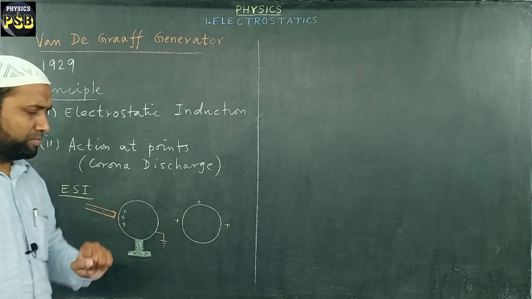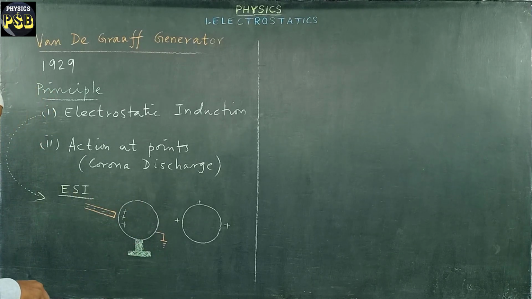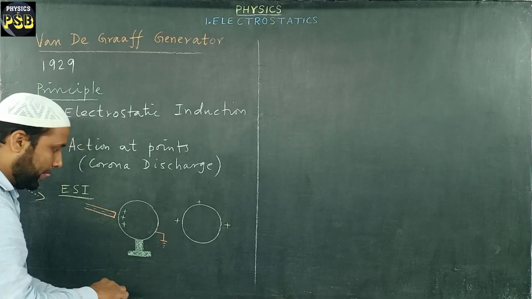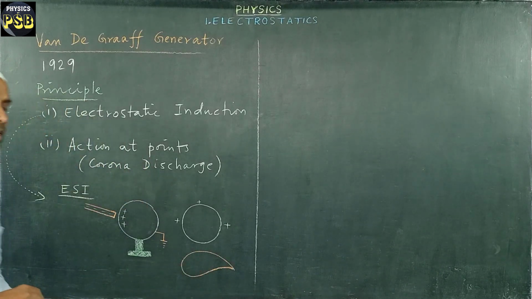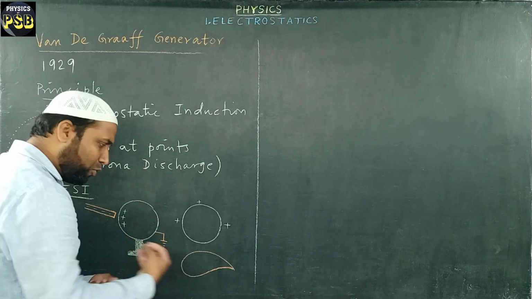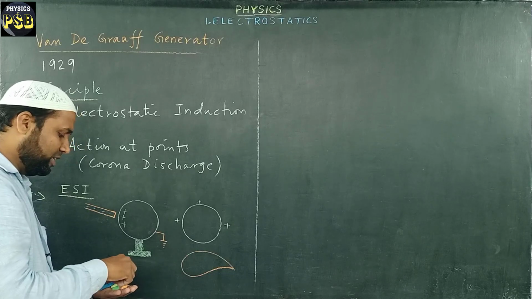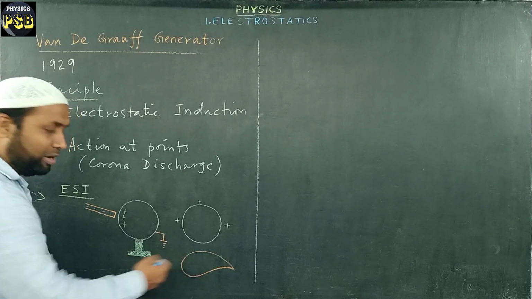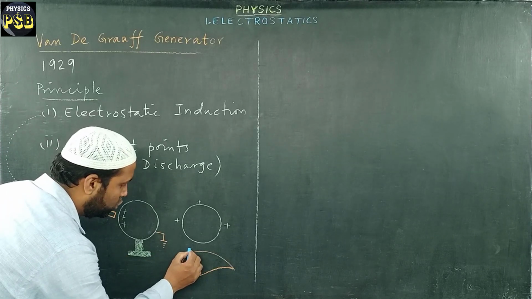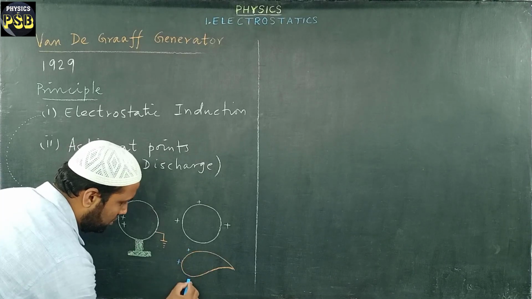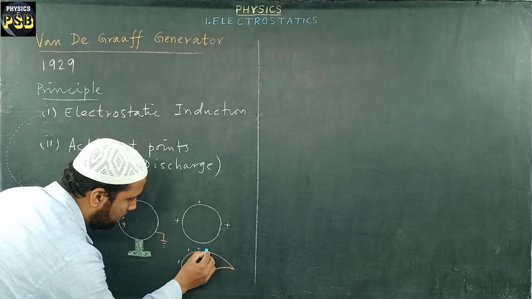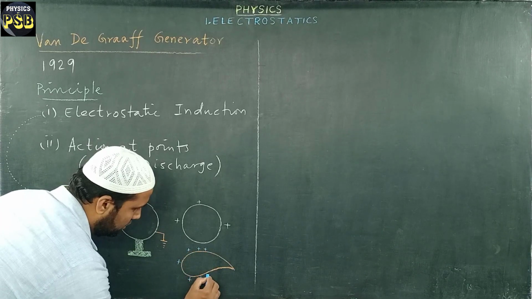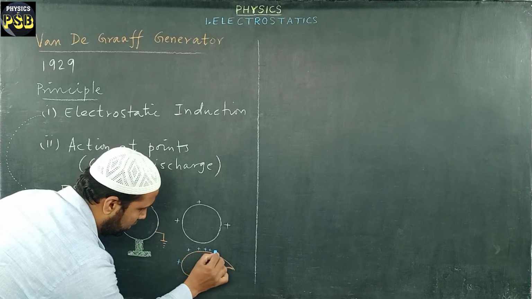So, suppose I take an object which appears something like this. If I provide a charge to this, suppose I provide a positive charge, those positive charges will get accumulated in this manner.